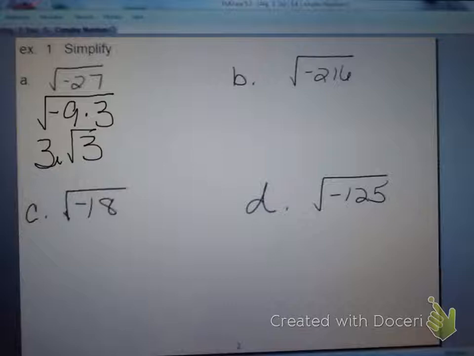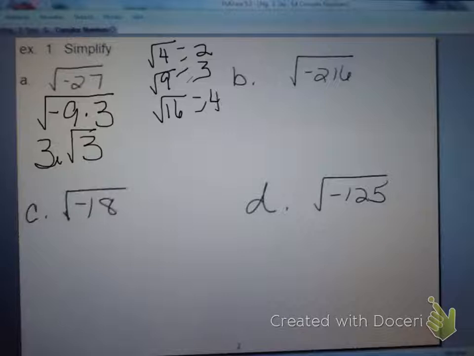So we tried 4, that worked. We tried 16, that did not work. So let's go and try 9. And 9 goes into 216 evenly. So if 4 goes and 9 goes, then square root of 36 is a perfect square.